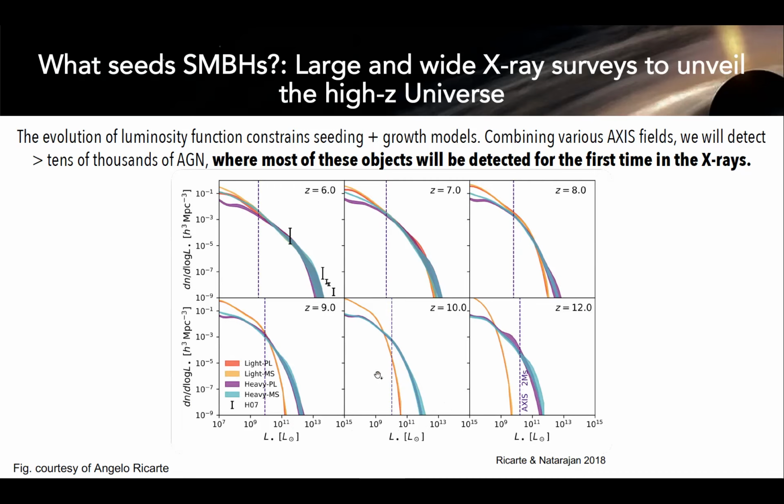And what we're showing in a dashed line is a hypothetical limit for an Axis deep field. And so the idea is by finding more high redshift AGN, we'll be able to have unprecedented fine tuning on a lot of the different seeding models that exist, and perhaps even be able to exclude certain regions in parameter space when we're trying to better understand possible seeding scenarios for all of these supermassive black holes.